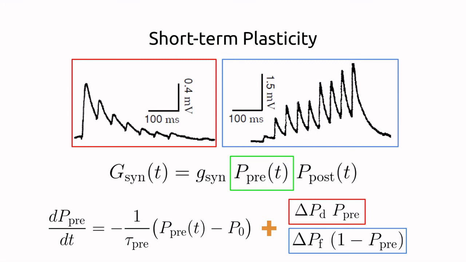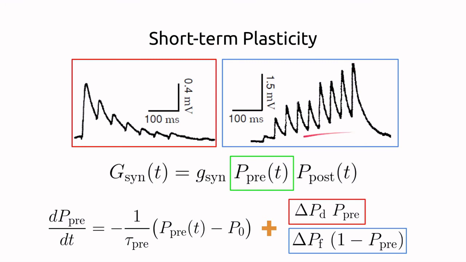What you can see is that in the case of depression, after each spike, the change in potential is less and less, and it tends to decay down to nothing. In the case of facilitation, the change in potential increases, generally speaking, up onto the top. And once the spike train stops, the membrane potential then decays back to the resting state.